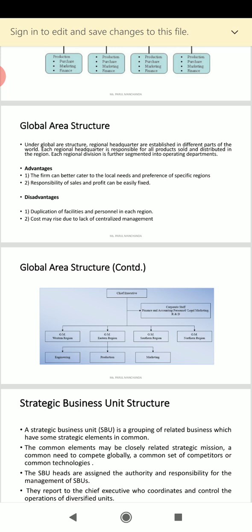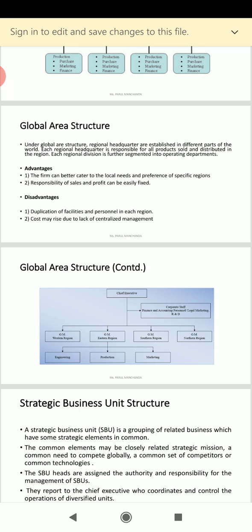The general manager eastern region is responsible for the east part of the world. He will have countries under him which lie in this particular region. They might have similar taste patterns, or there might be certain differences also. In that scenario he will be able to counter that and produce things accordingly. So you can have flexibility in that regard.